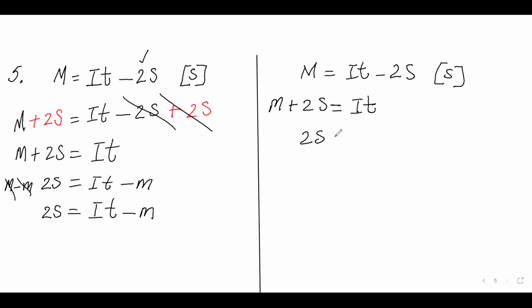So 2S is equal to IT minus M. So this is 1, 2, 3 lines, for the bright students who know what they're doing.